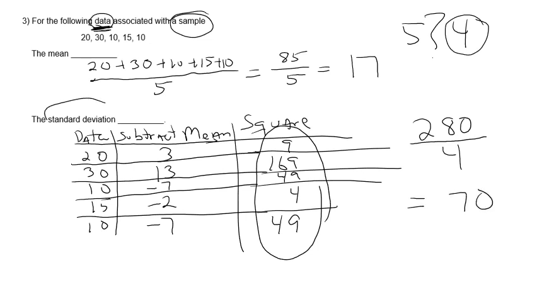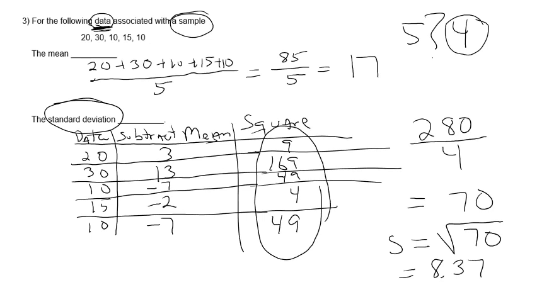But if you want the standard deviation, which is going to be S for a sample, it's the square root of 70. Depending on how many places they want you to round, take your square root of 70, and it should come out to be 8.37. You might be asked to round to one place or two places.